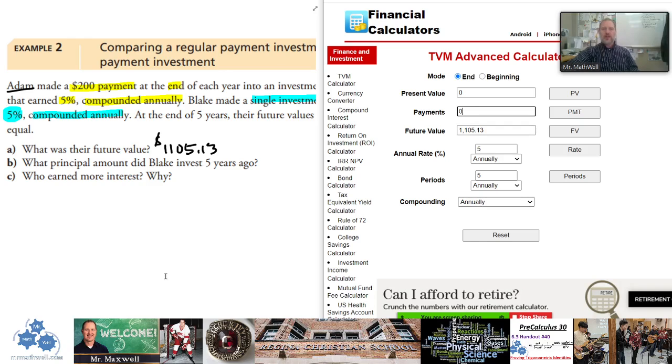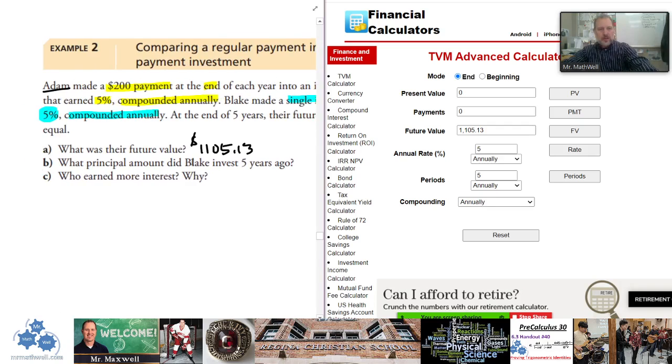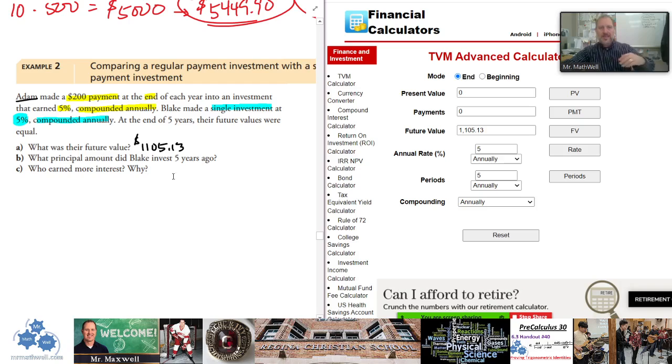So right now it looks like we have enough to find out what Blake's original amount was. So let's see if we can do that. So present value, I want to find out what the present value is, and 865.90.